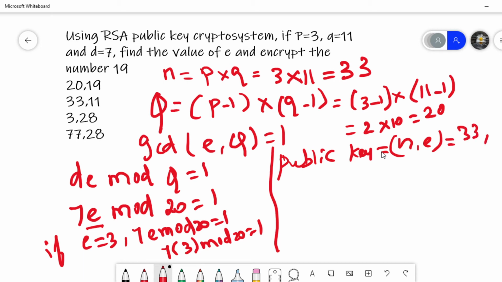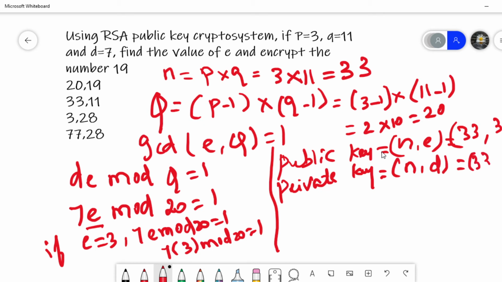Then the E value is 3. Then the formula for private key is N comma D. So N value is 33, D value is 7.